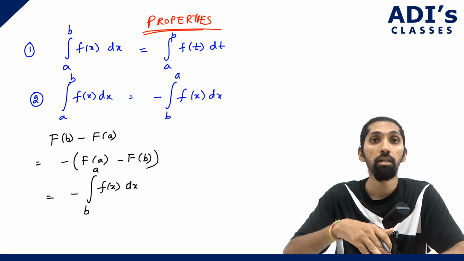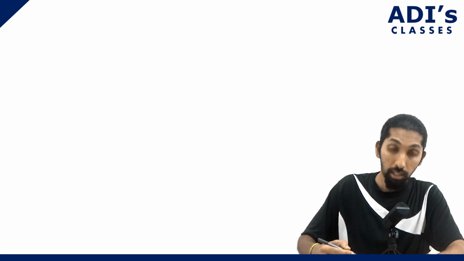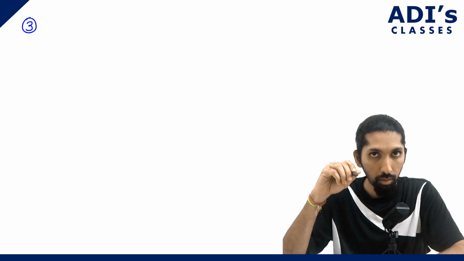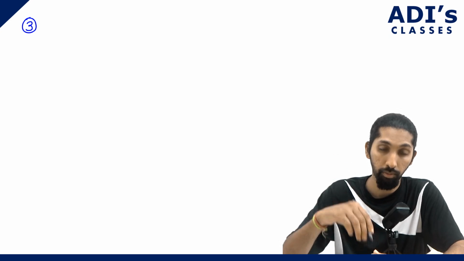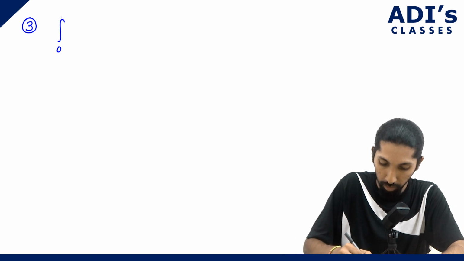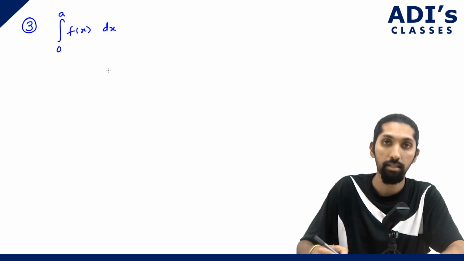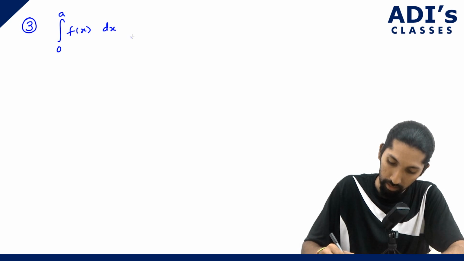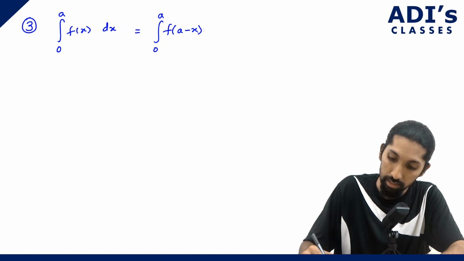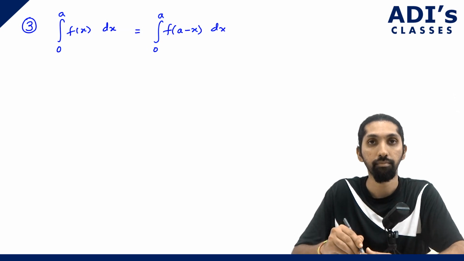Now let's do the third one. The third property is quite an important property. We have integral from 0 to a f of x dx, which is nothing but integral from 0 to a f of a minus x dx.